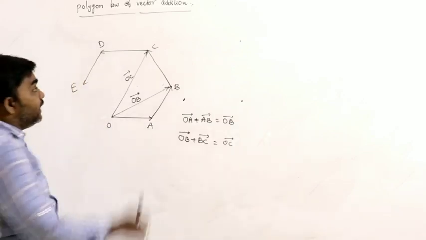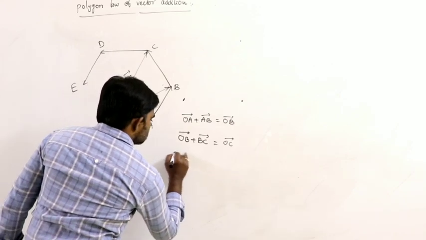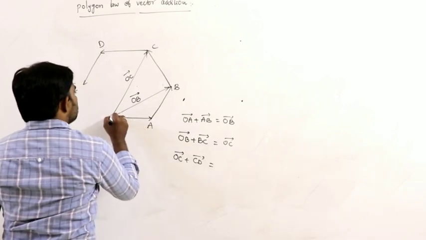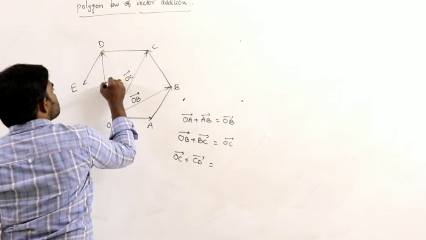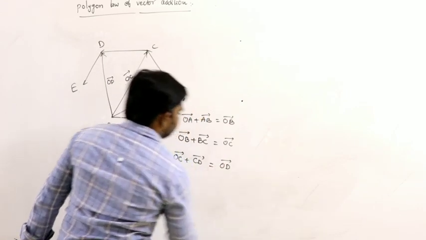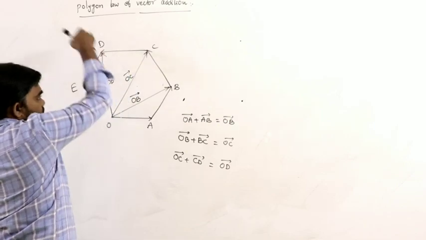Next, the vector CD bar starts from OC bar. So OC bar plus CD bar gives OD bar.